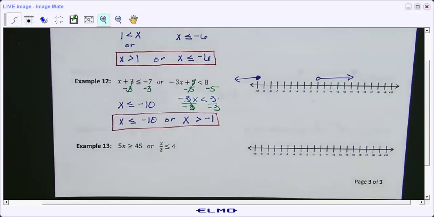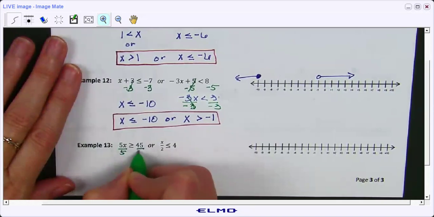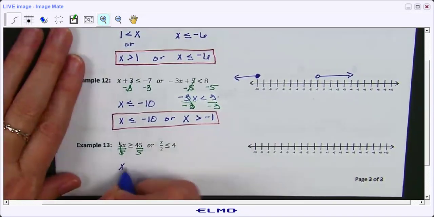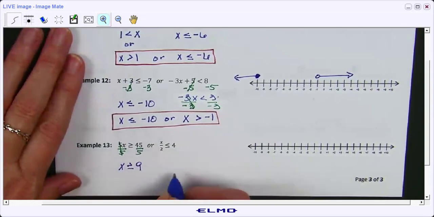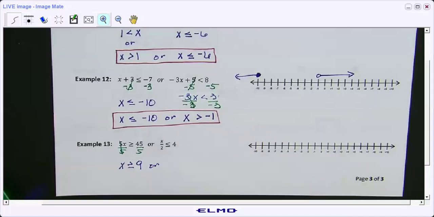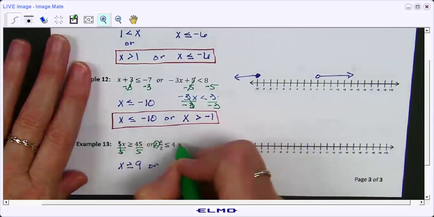All right, let's solve the last one, example 13. So here I'm going to divide both sides by 5. And I get x is greater than or equal to 9. And on this one, what am I going to do to both sides? Multiply by 2 or the reciprocal, however you want to say it.